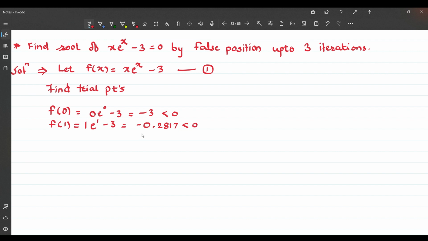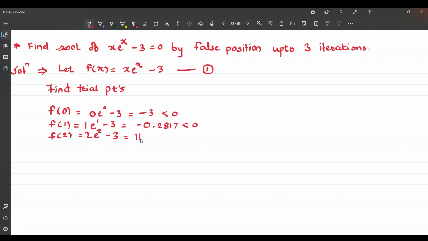So now next we have to find the value at 2 also, because both of these are negative. So f of 2 is 2 e square minus 3. On the calculator you can solve it as 2 e raised to 2 minus 3.